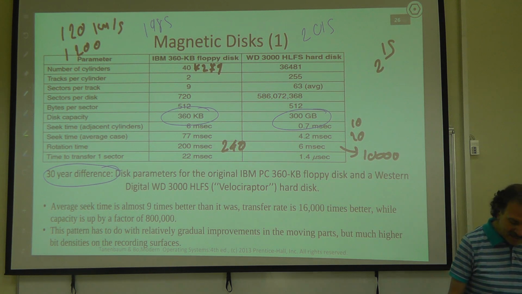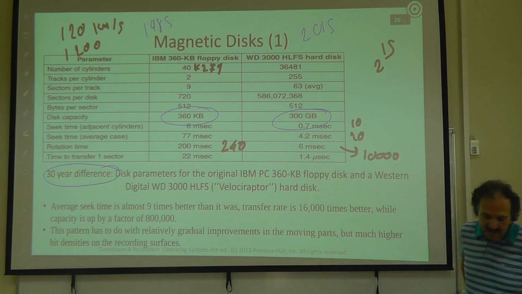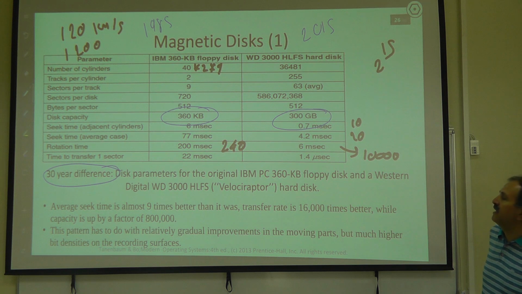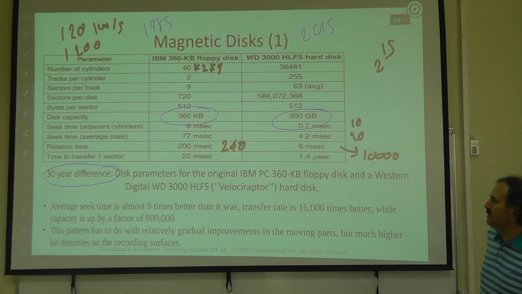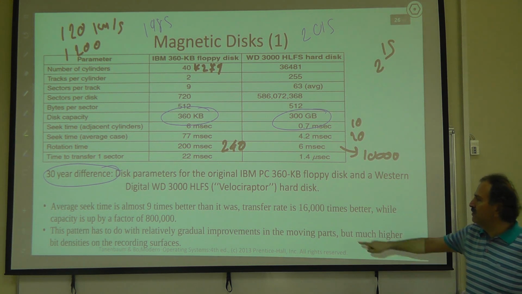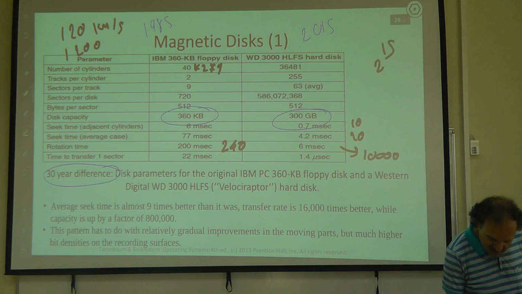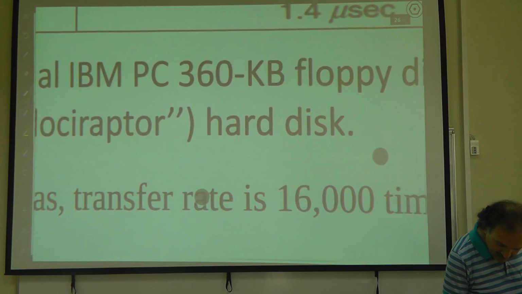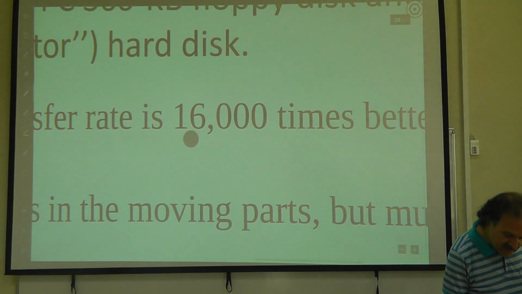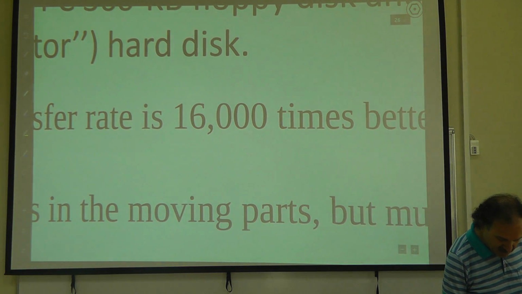So again, the mechanical times are not that different. Maybe at most 40 times faster. Average seek time is almost 9 times better. But the transfer rate is very good. Transfer rate is 16,000 times better.